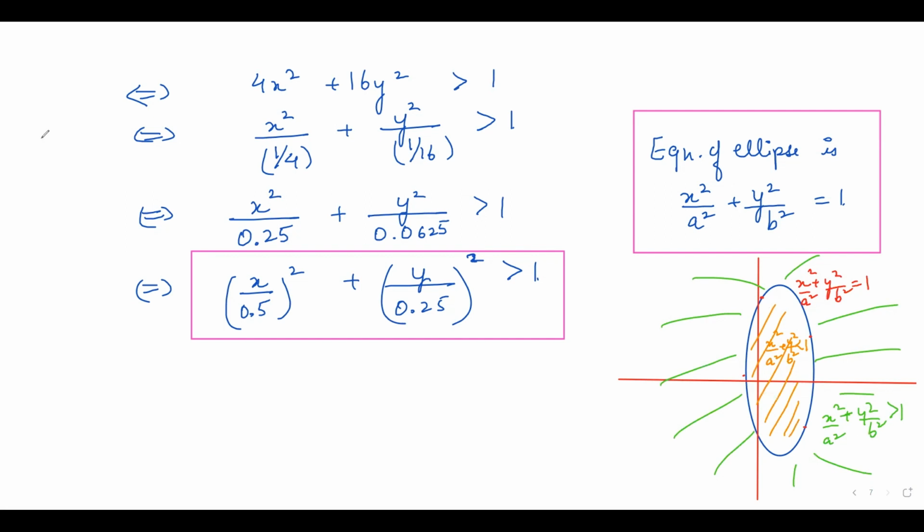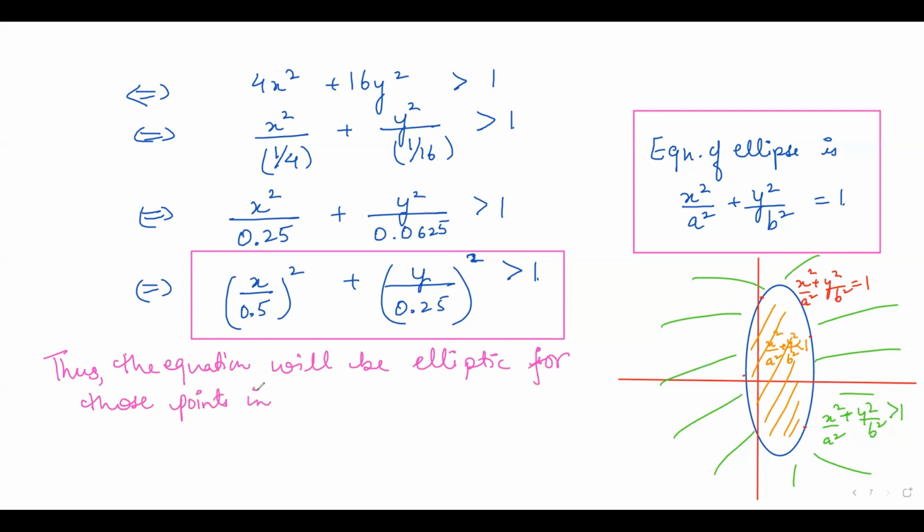So now I can say thus the equation will be elliptic for those points in the xy plane where I would say that this is lying outside the ellipse.